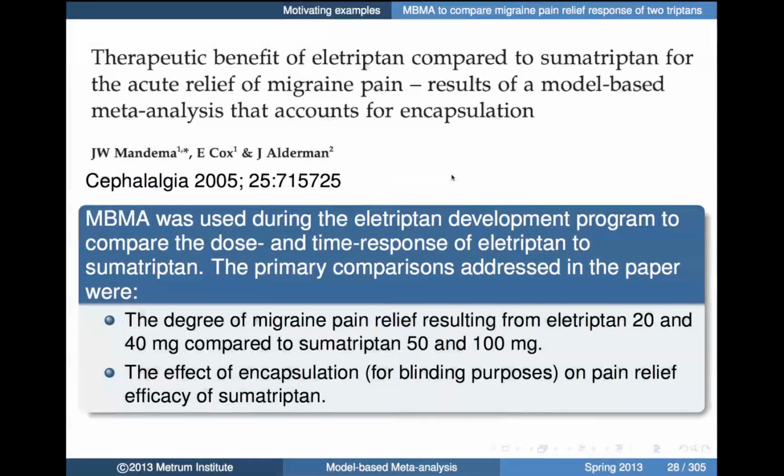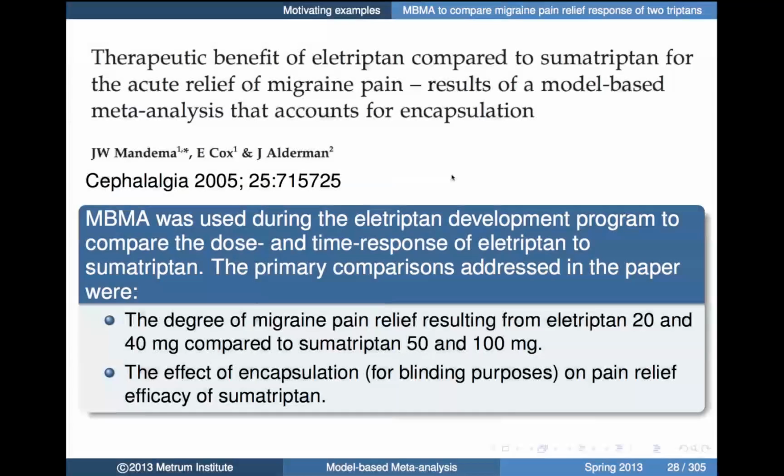Anyway, they published back in 2005 on looking at elatriptan, and particularly comparing elatriptan, which at that point was a new triptan, to sumatriptan, which was sort of the main one, our standard of care on the market, and using model-based meta-analysis to compare the two compounds.